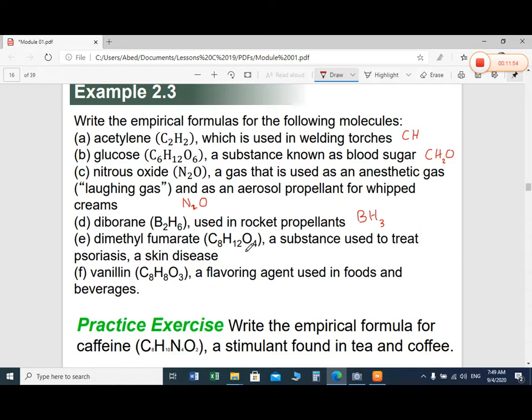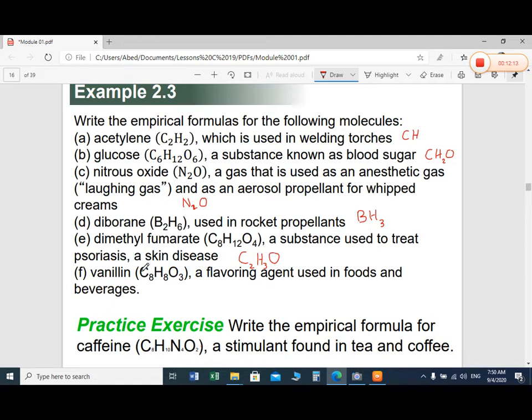So the answer will be C2H3 and O1, because we divide by 4.